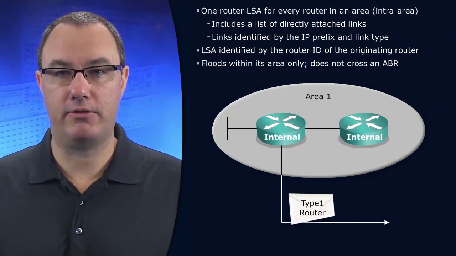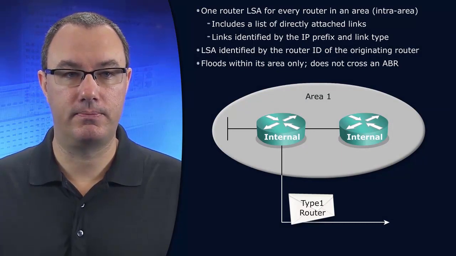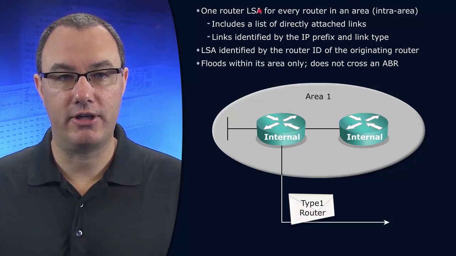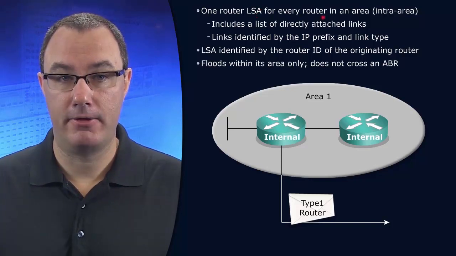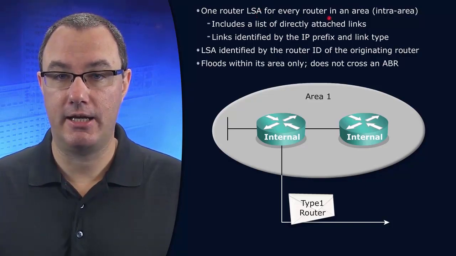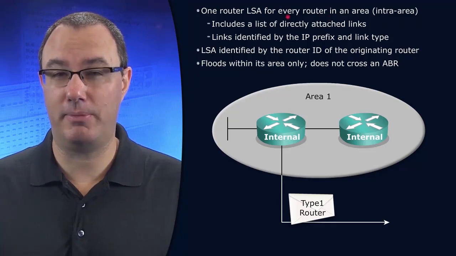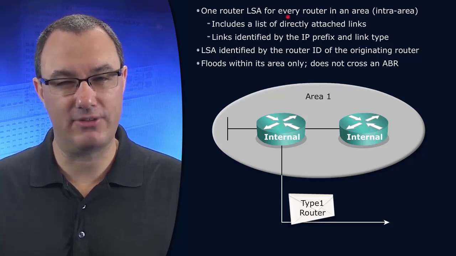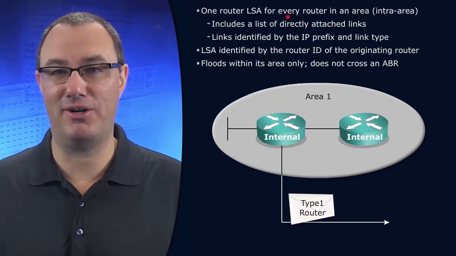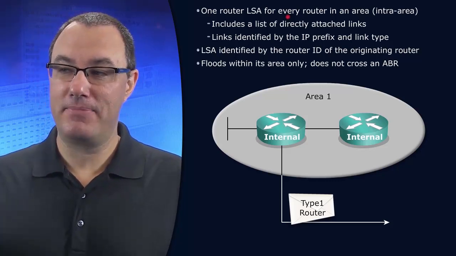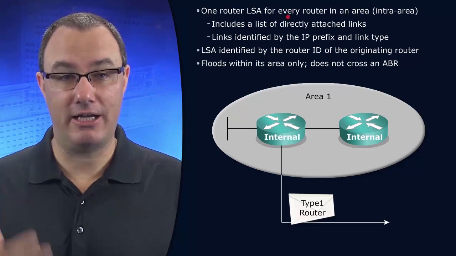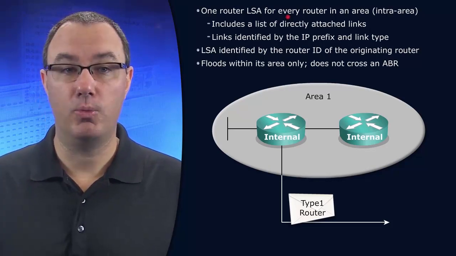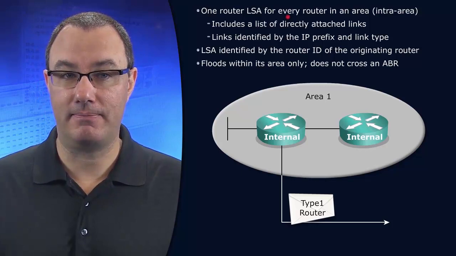Let's make sure we understand LSA types 1 and 2. LSA type 1 is generated by every single router that runs OSPF. That's important because not all routers generate all LSA types, but this LSA type, yes, if we are running OSPF, we generate that LSA.